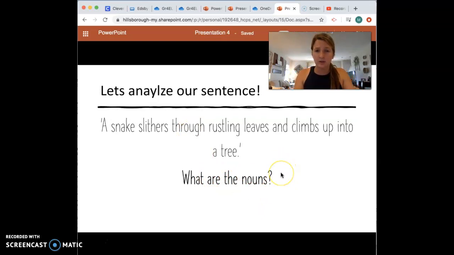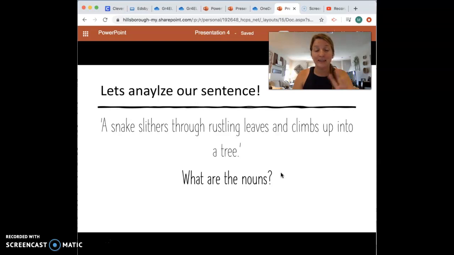So to yourself or to somebody sitting next to you, explain to them what a noun is. If you are unable to explain that to somebody sitting next to you, a noun is a person, place, or thing. So looking at this sentence, I'm going to give you a few seconds to identify the nouns.